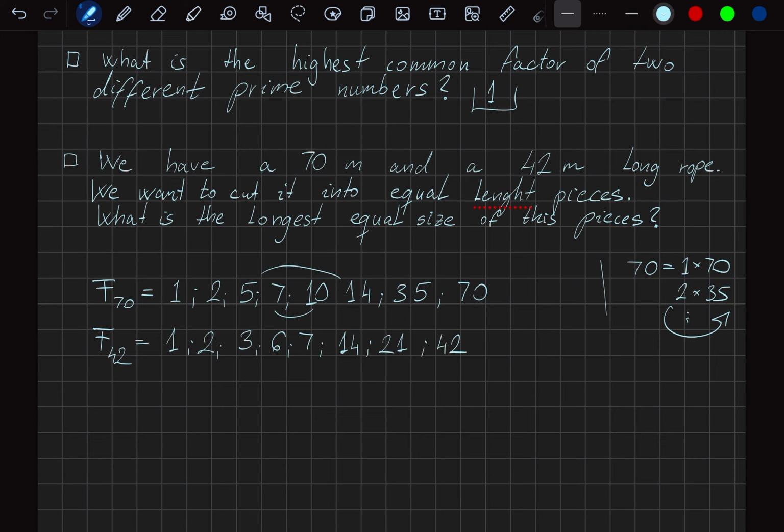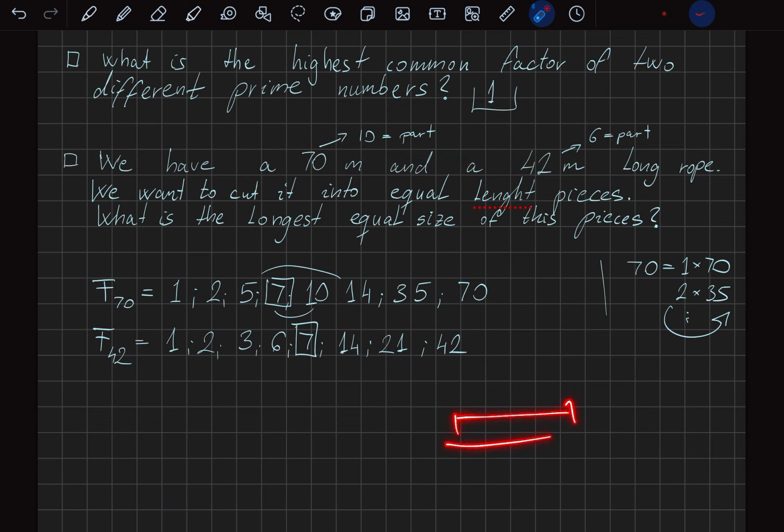So the highest common factor of these two numbers is 7. So this will be the length of each piece. From this I will cut 10 equal parts, and from this I will cut 6 equal parts. So if I add these two, then I have 16 equal pieces of rope.